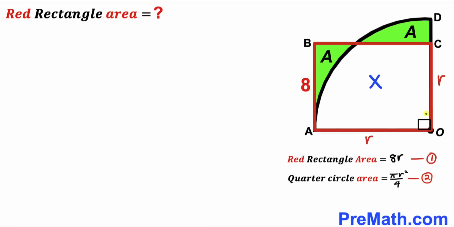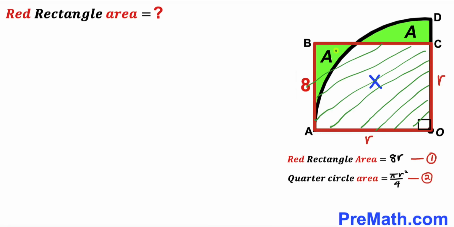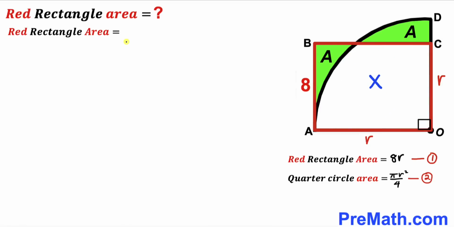Now we make an observation: the area of the red rectangle OABC is the whole area, which is equal to this area x plus this area uppercase A. So the area of the red rectangle can be written in terms of uppercase A plus x.